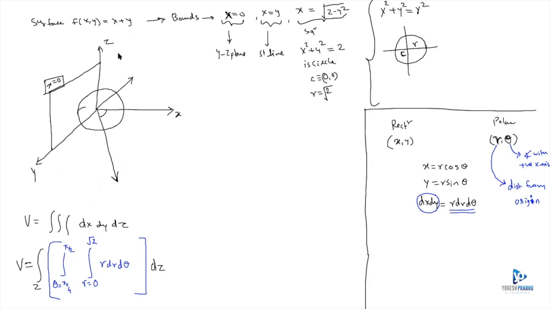So whatever we say, the surface is going to be bounded by this plane. The surface is not going to be on this side of the plane, it's going to be on this side of the plane. The other thing that is bounding it is this circle.